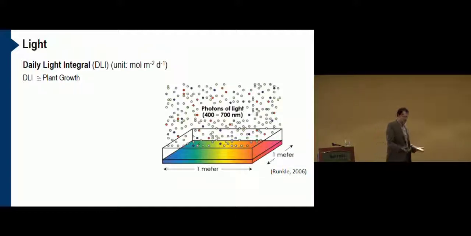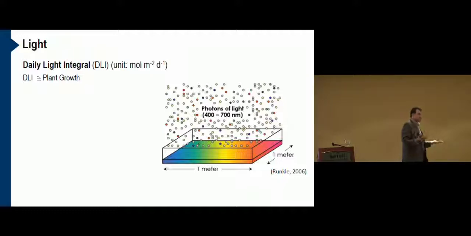But we can also look at accumulated light over the course of the day, which is also important for plant productivity. You can imagine using an umbrella or a collection pond and trying to accumulate all those photons falling onto that umbrella.